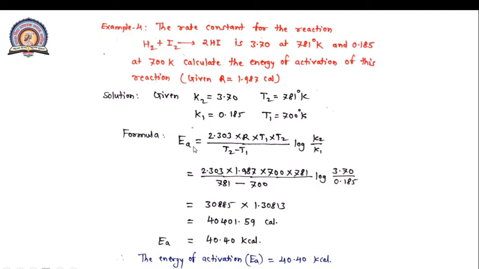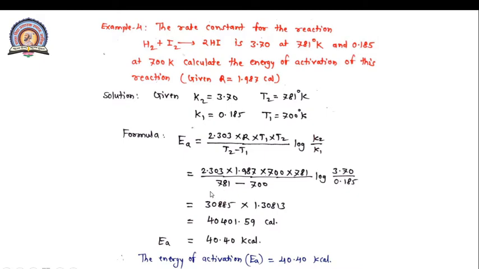Formula used: the energy of activation is equal to 2.303 into R into T1 into T2 divided by T2 minus T1, into log K2 divided by K1. Now substituting the values in this equation, Ea is equal to 2.303 into R, which is 1.987, into temperature T1 700 into temperature T2 781, divided by 781 minus 700, into log of K2, which is 3.70, divided by K1, which is 0.185.